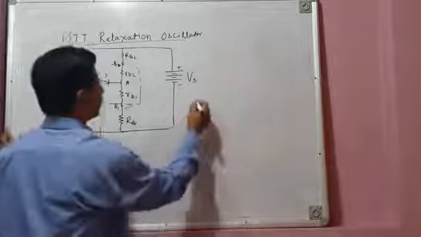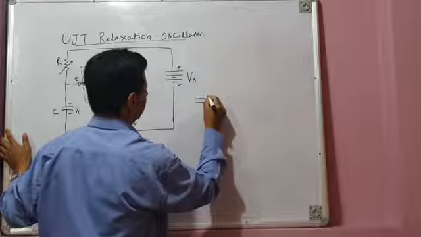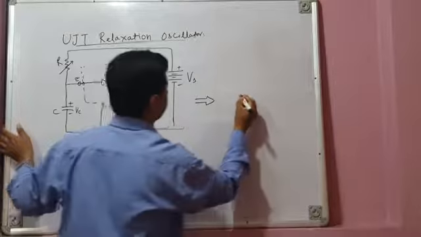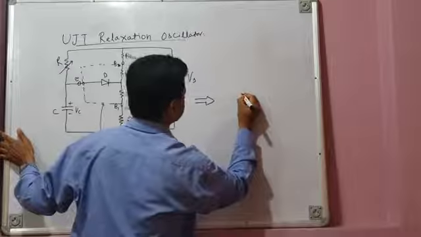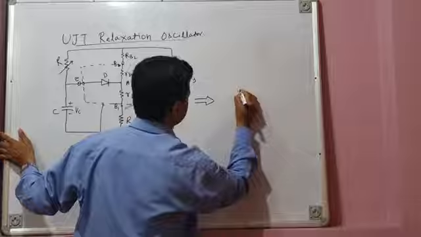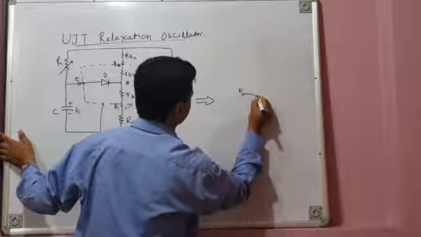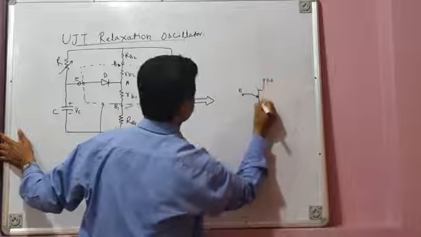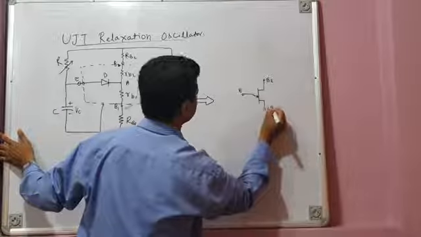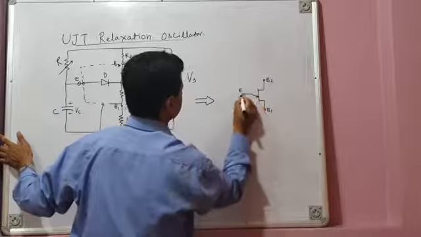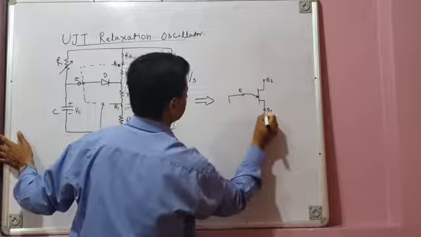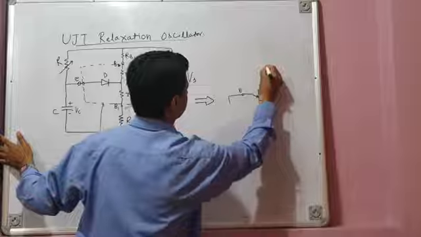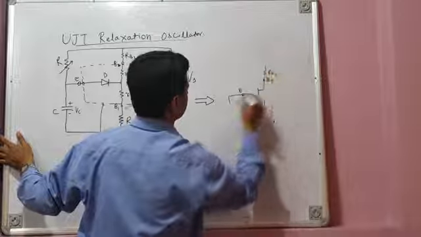If you show it with the help of symbolic representation, you replace this UJT by its symbolic diagram, and it becomes like this. This is the emitter, this is base B2, this is base B1. Now this is RB1, and here capital RB1, this is RB2.